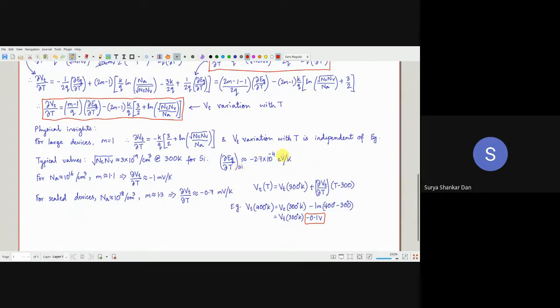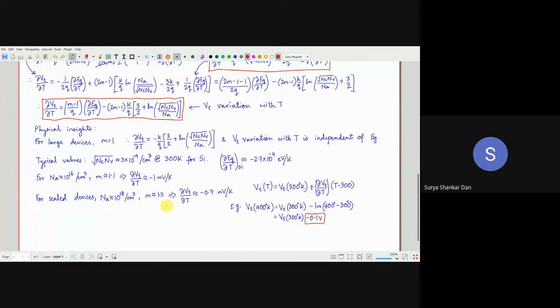Okay, so now if we take Na equal to 10 power 16 per centimeter cube, that means it is a large device. So small m will be equal to 1.1. Let us say 180 nanometer technology node. Small m will be equal to 1.1. Then del V turns out to be, if you do the calculations, around minus 1 millivolt per Kelvin.